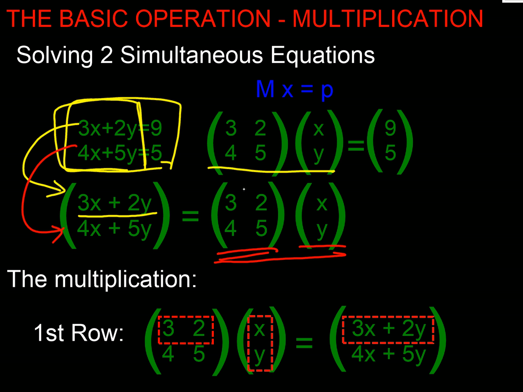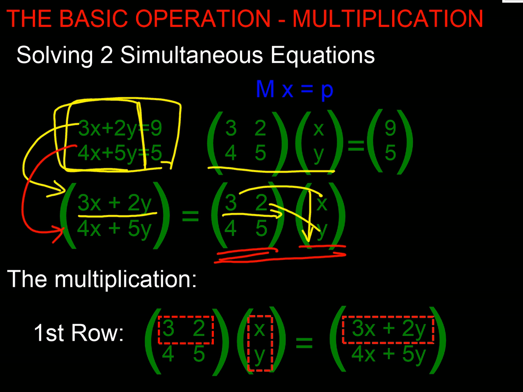So when we look at the top row coefficients and we apply them to the xy values here, we know that we must come out with 3 times x plus 2 times y. A lot of people think about this in operation as rows and columns and how they go together.